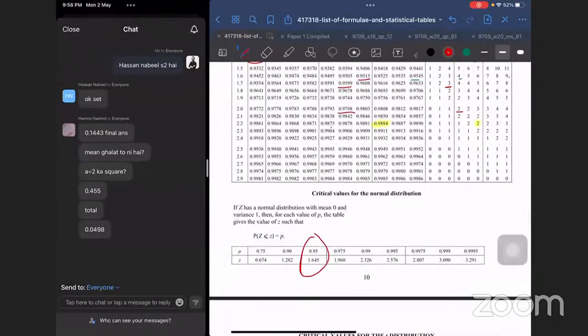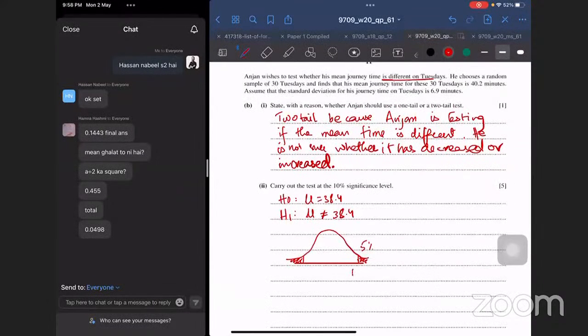95% is 1.645. My test statistic is 40.2 with a sample of 30. So I calculate my z value.